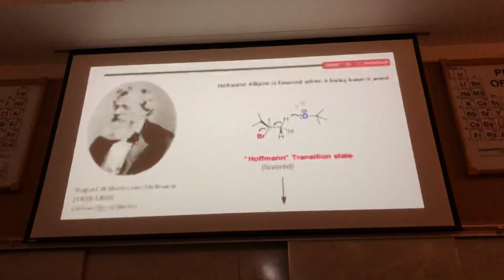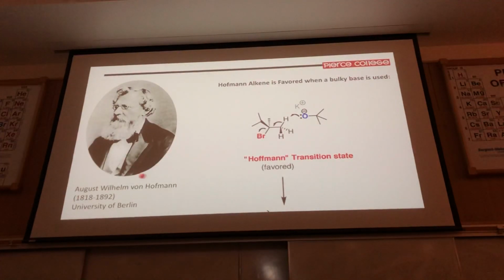So what you learned back in 211, and it's named after August Wilhelm von Hoffman, is that if you have a bulkier base, and usually it's even more outrageously bulky than this, screaming in your face bulky, must be steric hindrance at play, coupled with ideally a bulkier substrate. So notice we have the isopropyl group in there.